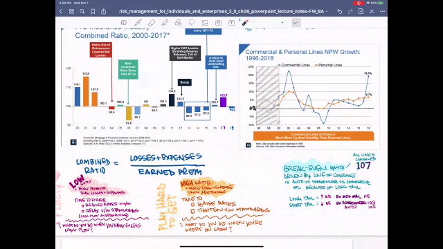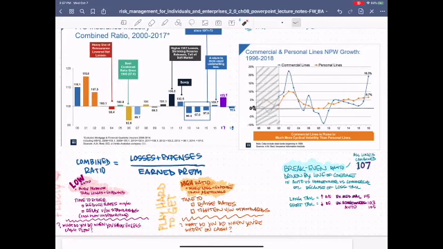Obviously you would expect this chart to have the same shape, right? Because of course it's net written premium growth that's going to help drive the change in this ratio. But when you start to pull some of these data points together, you can get a sense of what is a leading and what is a lagging indicator.